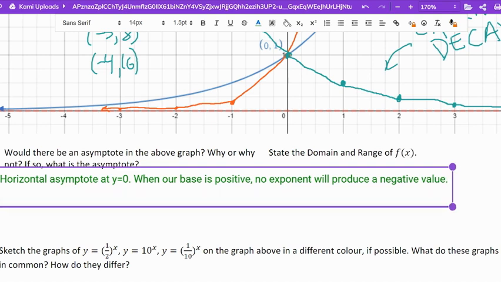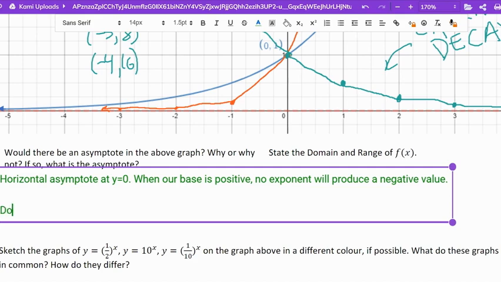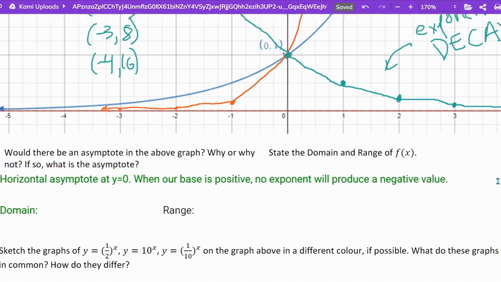All right, let's talk about the domain and range. So for the domain, are there any restrictions? Will the graph ever stop growing on the x-axis? No, in theory.